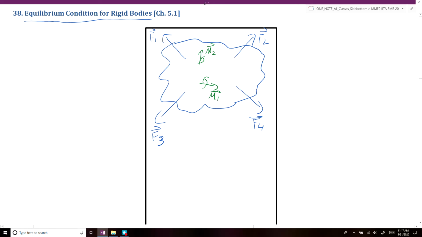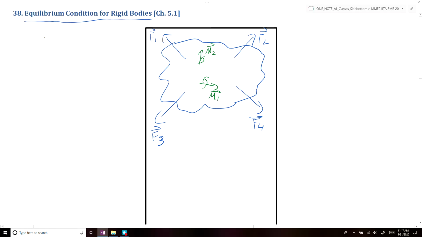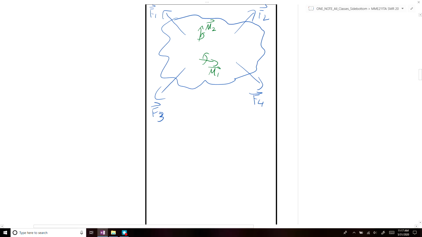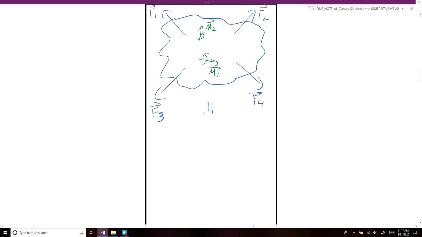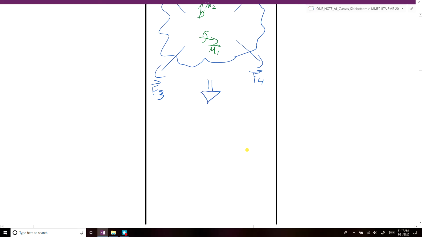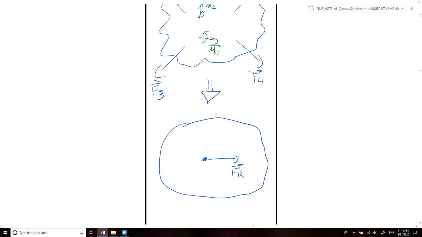So we know from chapter 4 that we can take this system of forces and couple moments and reduce it down to a single force, which we'll call our resultant force, and a single couple moment, which will be our resultant moment.